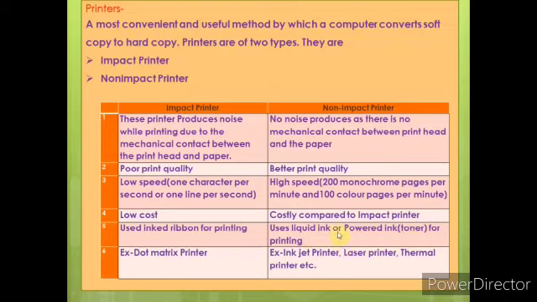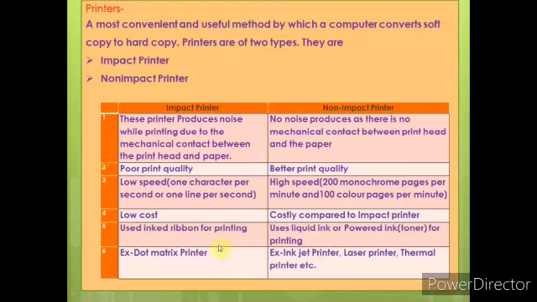Liquid ink is used in your inkjet printer, where color ink bottles will be inside the inkjet printer, and this powdered ink is used in your laser printer. And some non-impact printers, thermal printers, are also there. So two types of printers are there: one is your impact printer and one is your non-impact printer.